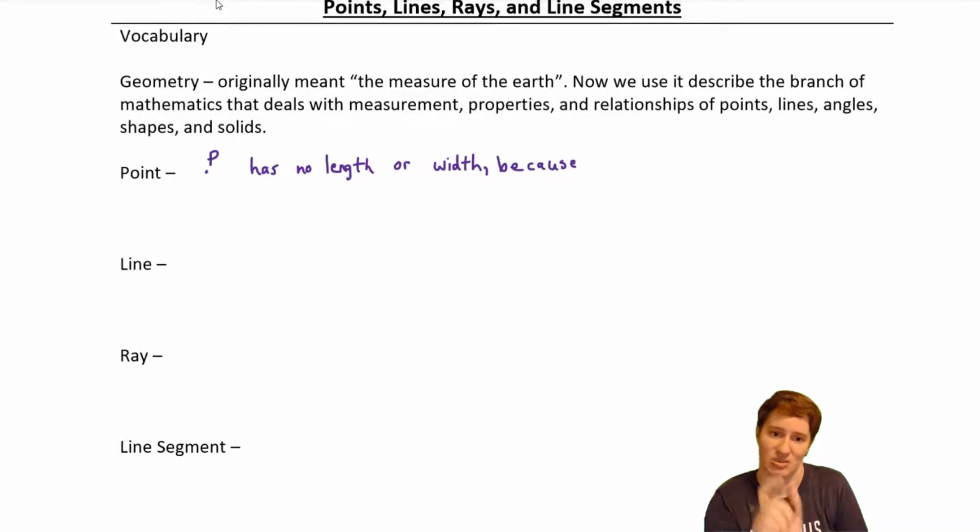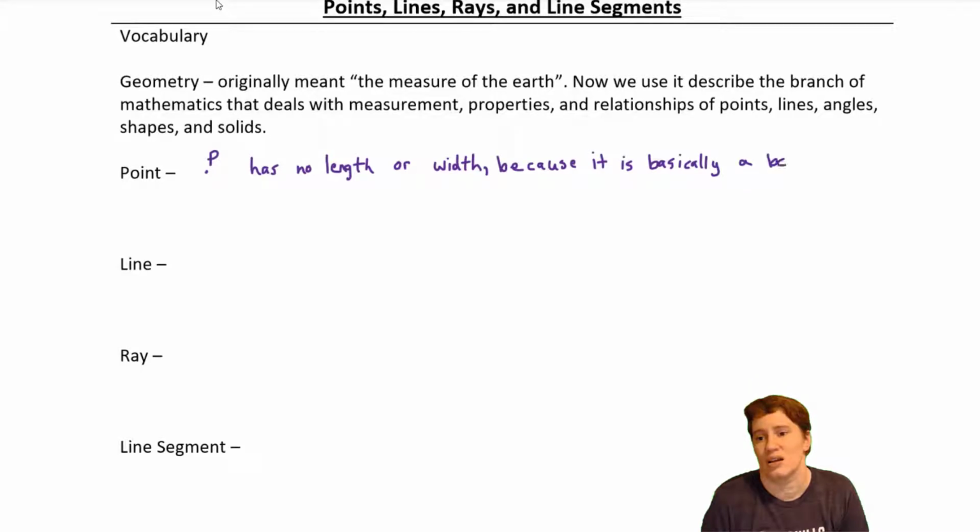We're not talking about the space where point P is, we're talking about the location that point P is. It's actually also kind of the smallest unit of measurement that we can come up with.